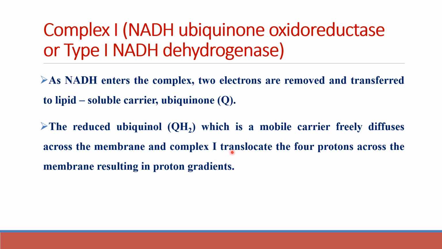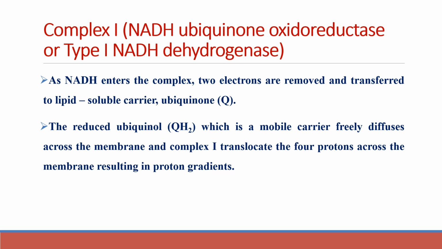But during this process, it will also be translocating 4 protons across the membrane, thereby contributing to the proton gradient. As it is transporting electrons from complex 1 to complex 3, it generates the proton gradient by pumping 4 protons across the membrane.